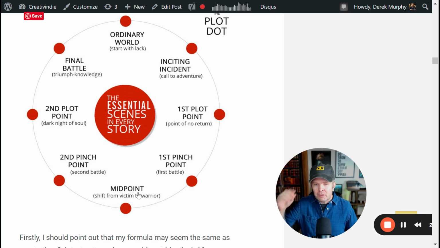This will often look like the protagonist getting a special role. So maybe they are offered a more permanent chance or a more special place or role, could be depending on their skills or abilities, maybe because they've proven themselves and people respect or rely on them. So maybe they're offered a chance to commit to something, and that'll usually lead to the second pinch point or second battle.